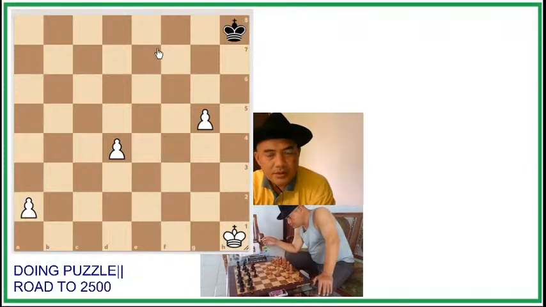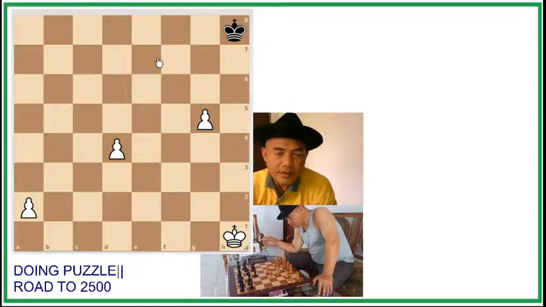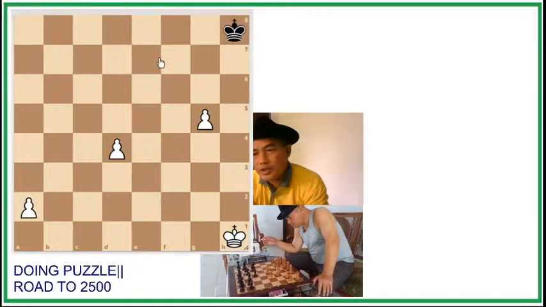So in the endgame, pawn endgames are very important, and many players have studied the endgame. One of the books that I learned about the endgame from is Mark Dvoretsky's Endgame Manual.